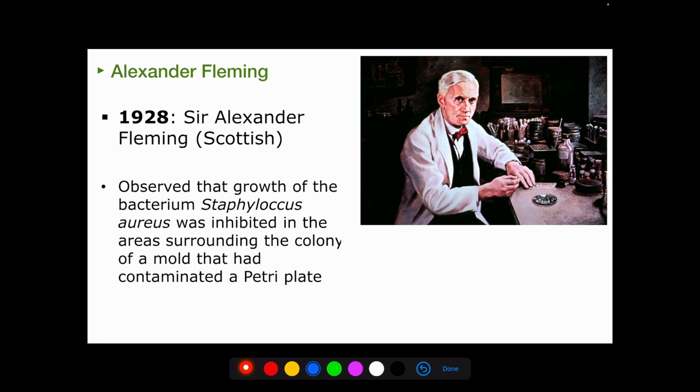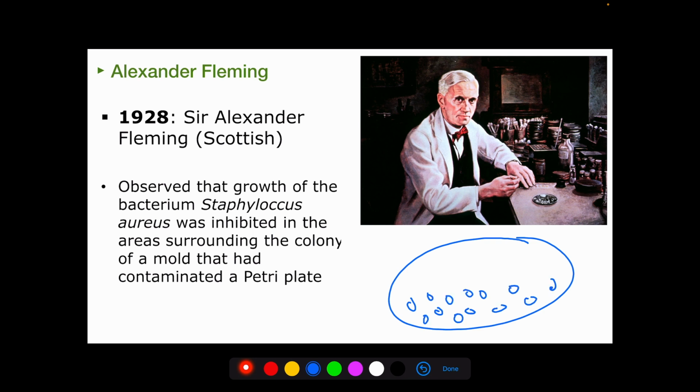Then we had the famous Alexander Fleming, who in 1928 observed that growth of the bacterium Staphylococcus aureus was inhibited in the areas surrounded by the colony of mold that had contaminated a petri dish. So what he realized was that he was growing the bacterium Staphylococcus aureus in the lab, but then he realized that some parts or some of the microorganisms were not growing at all.